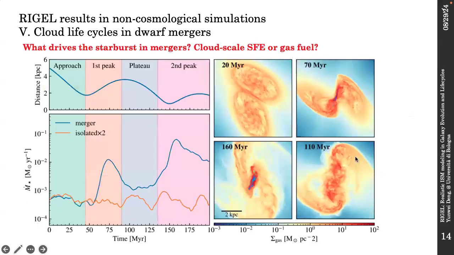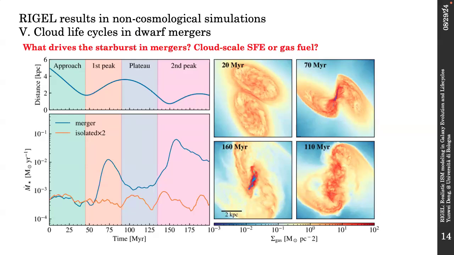Finally, I will use a few minutes to introduce what I'm doing with Federico in Bologna now. I'm running a simulation of the merger of two identical dwarf galaxies. I run it for 200 megayears, and I analyze the results by stages.